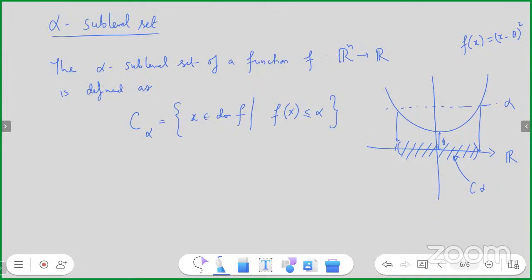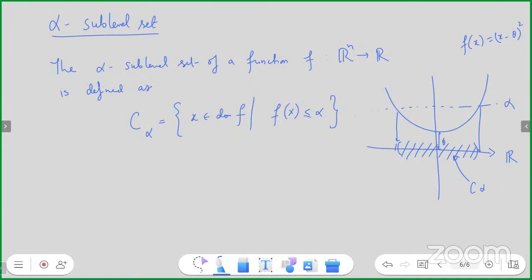Then you would have that f of lambda x plus 1 minus lambda y would be less than, it's just a linear combination, right? If at one particular point the function is less than alpha, at another point it's less than alpha, then lambda alpha plus 1 minus lambda alpha better be less than alpha because lambda is less than 1. I'll write it down, I'm just saying in words. So one expects that if the function is convex, the alpha sublevel set will be convex.